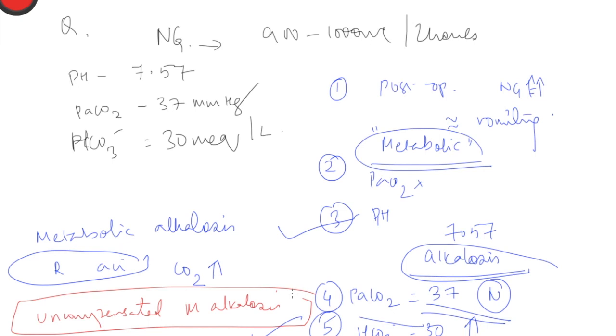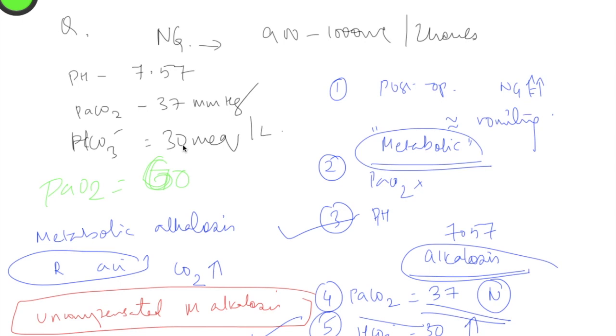If someone gives you the PaO2 also in this patient, let me just add that to this question. Let's give you PaO2 and let us say it is 60. You know that PaO2 less than 75 will qualify to be respiratory failure, and then we have seen two types of respiratory failure, type 1 and type 2.